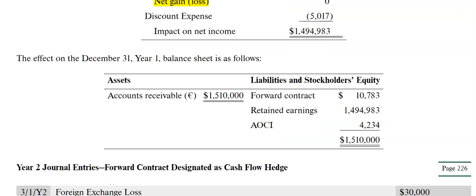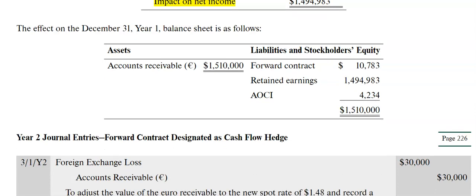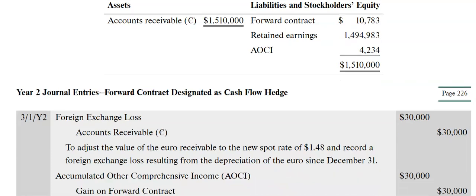Net gain, loss: 0. Discount expense: 5,017. Impact on net income: $1,494,983.